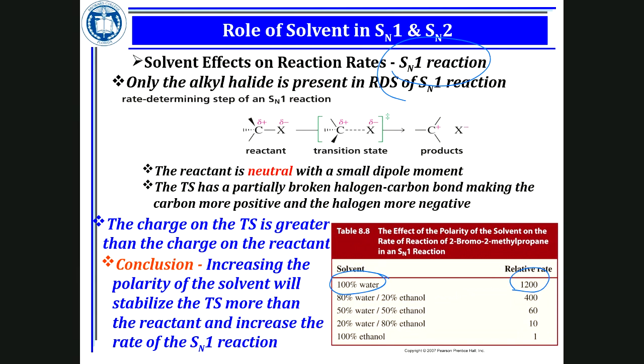This is for Sn1. The more polar the solvent is, the faster the reaction is. So if you increase the percentage of ethanol, basically, ethanol is less polar than water. If it's water, you get 1200, and then it decreases as you increase the concentration of ethanol.